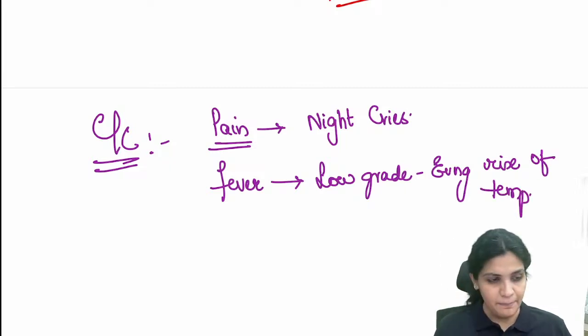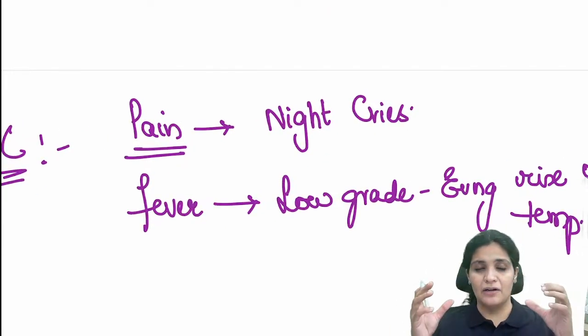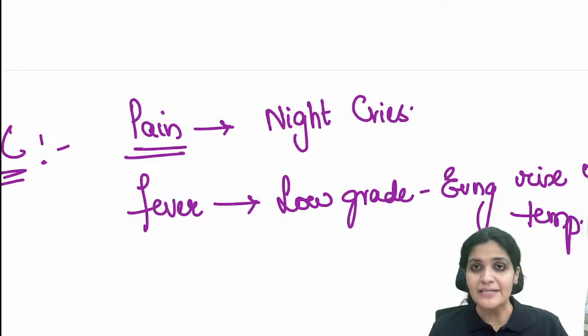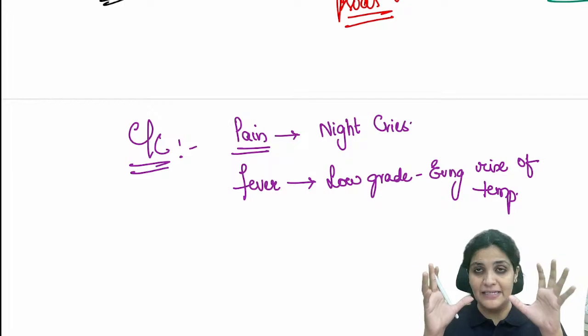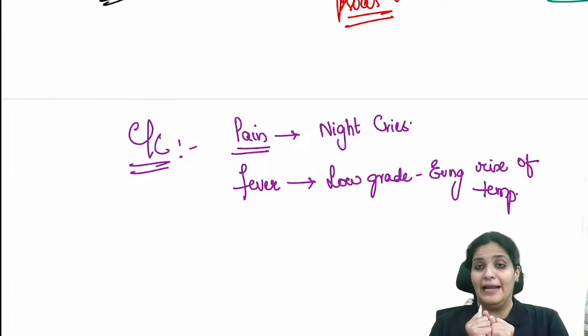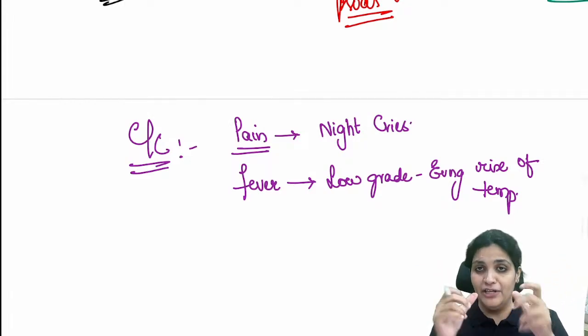And now he comes with the pain in the back, and this is specifically associated with the night cries because the lumbar muscles will be contracted, protecting the spine from flexion, right?